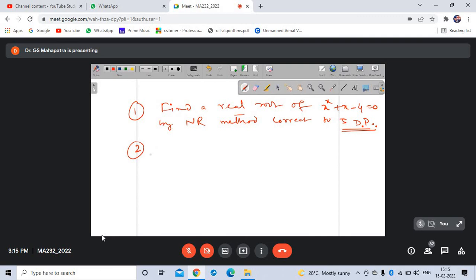Okay, now find a root, of course real root, of 3x minus cos x minus 1 equals 0. Okay.